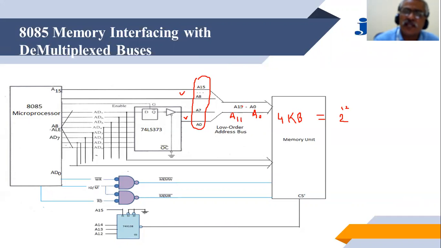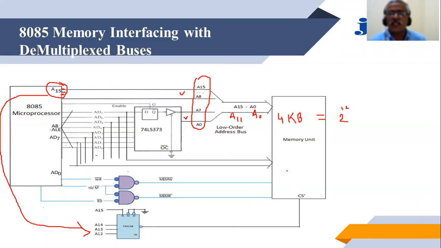So where will the other lines A12 to A15 go? These 4 lines, A12, A13, A14 and A15, are used for generating the chip select line.